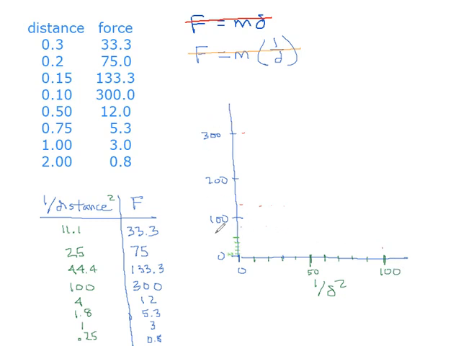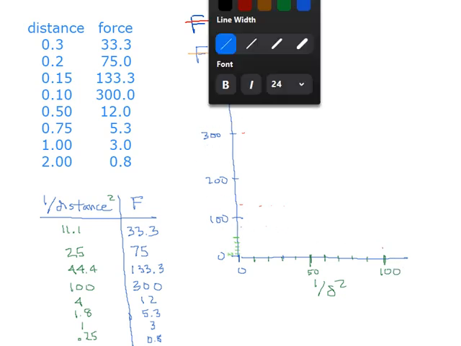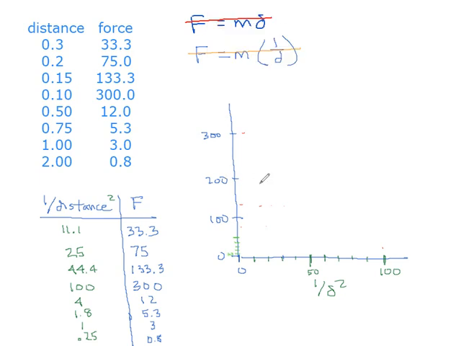And the forces haven't changed, so we can use the same vertical axis. Let's see what we get now. 11. This is 10, so 11 is just a smidge to the right. We get 33.3. 25 is right between 20 and 30 and gives us 75. 44 is like there, goes with 133, about a third of the way up.